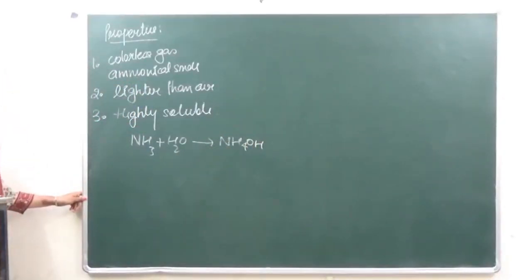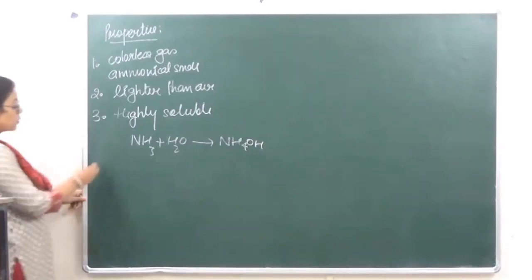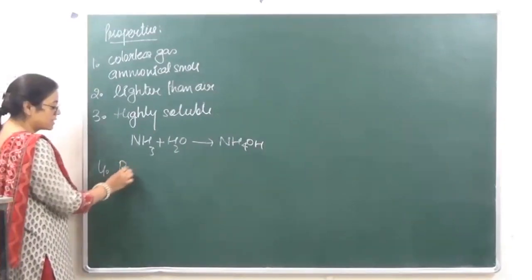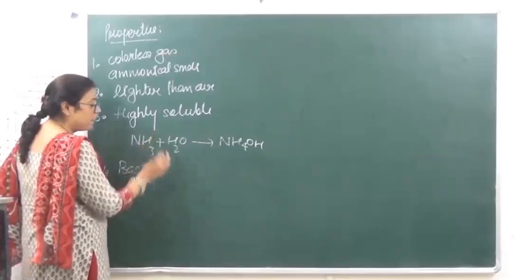Because of the lone pair of electrons which are present, we say that ammonia is basic in nature.